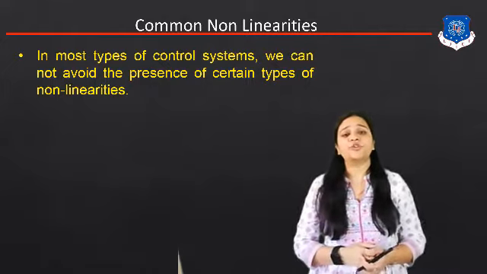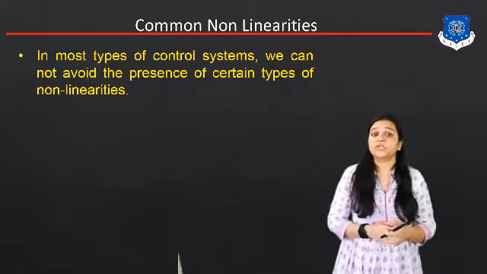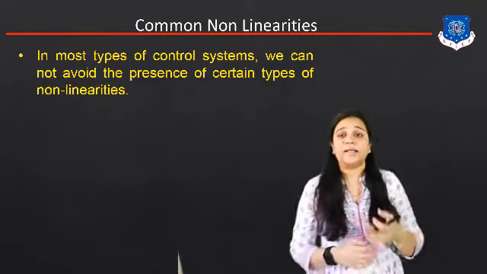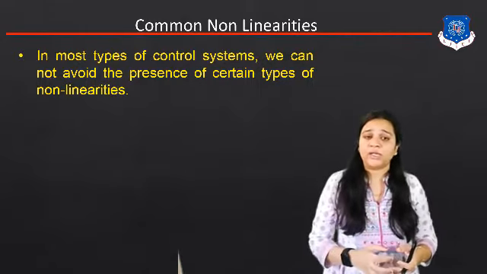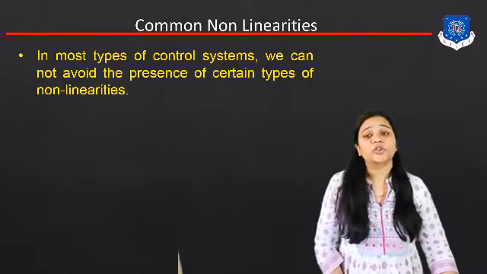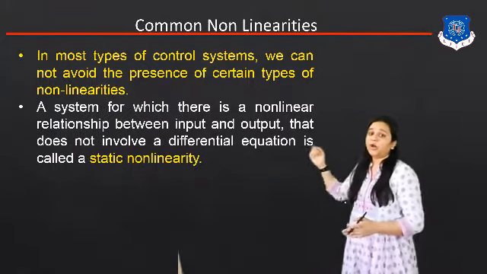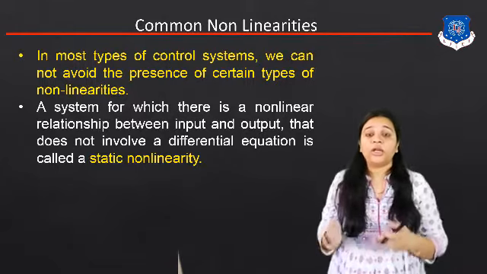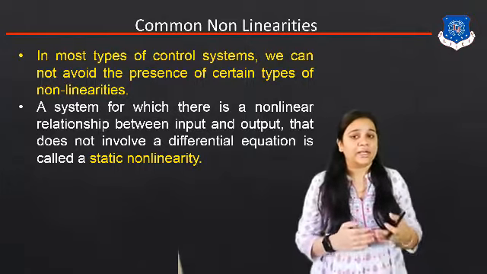In most types of control systems, we cannot avoid the presence of certain types of non-linearity. As we discussed in the last session, every system has some type of non-linearity for the plant, so we cannot avoid it. A system for which there is a non-linear relationship between the input and output that does not involve a differential equation is called a static non-linearity.